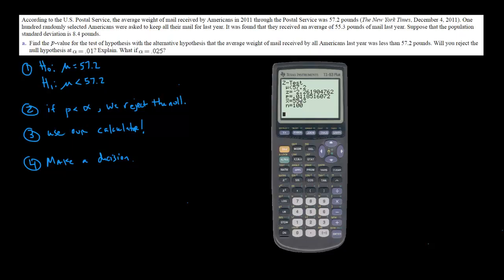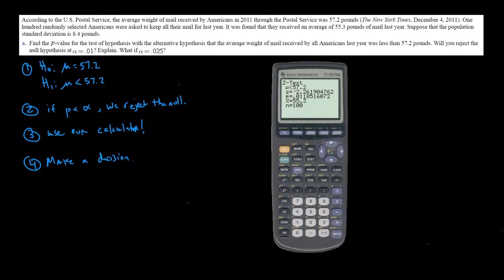So at a significance level of 0.01, that's a 1% significance level, we actually do not reject the null hypothesis, because p, which is this value right here, is greater than alpha. So that's the first decision, that if the significance level is at 1%, 0.01, we do not reject the null because p is greater than alpha.